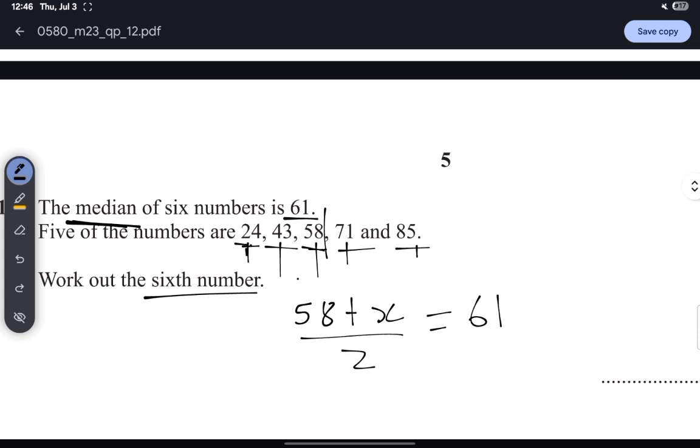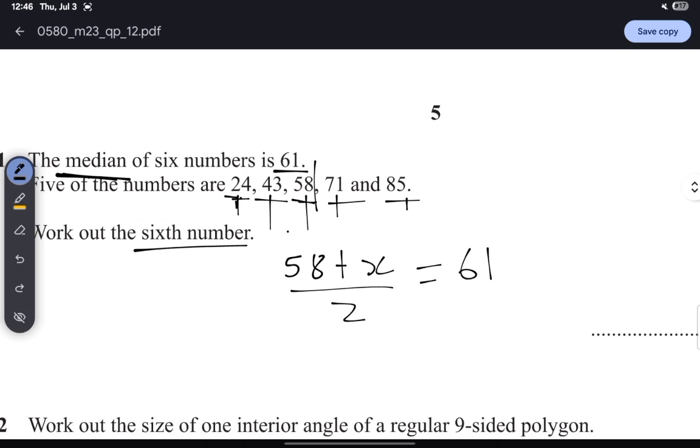The reason why we said it's between 58 and some other number is because the median is greater than 58, right? So we want two numbers that will give us a total of 61 times 2. So multiplying 61 by 2, we get 122.